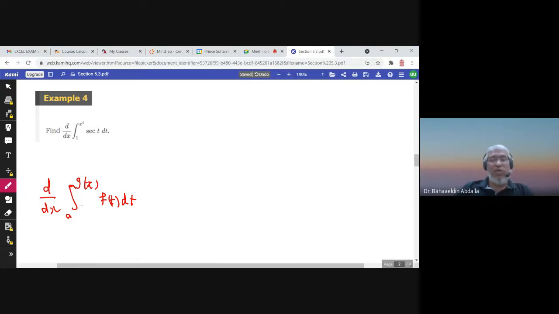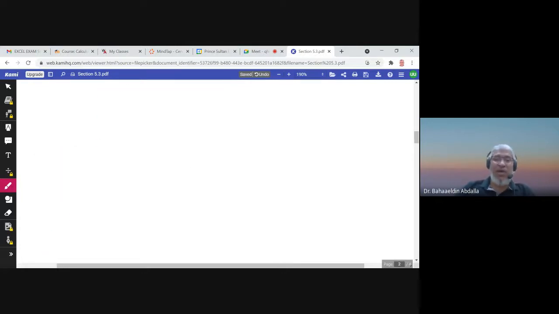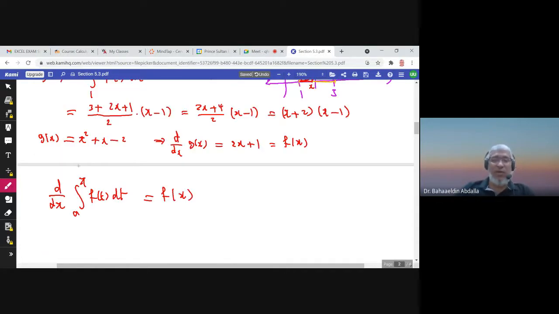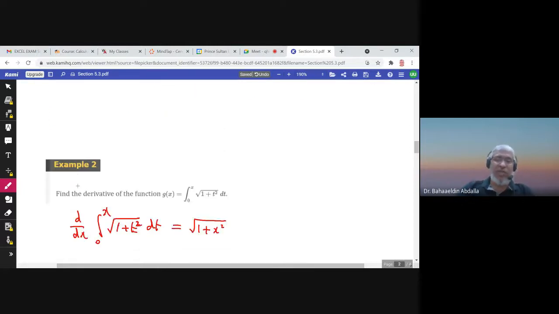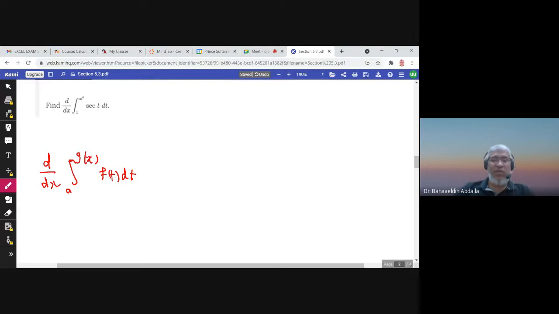Okay, so what is the derivative in this case? If we replace x by g of x, not f of x, because the one inside we already call f of t. So what would be the derivative? It would be this function f at g of x. This is similar to this one.